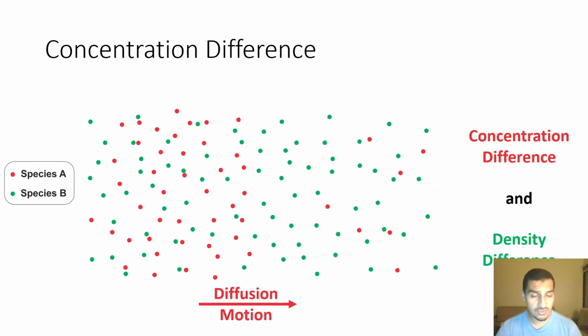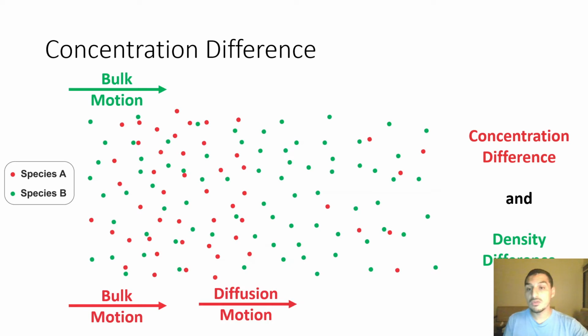This is the first force, which results from the first gradient or difference that we have here. The second force is due to the density difference, which is what we call the bulk motion. The bulk motion is just a motion of the whole mixture that has a different density from the density of the other side. This will create a force to make the density equal.